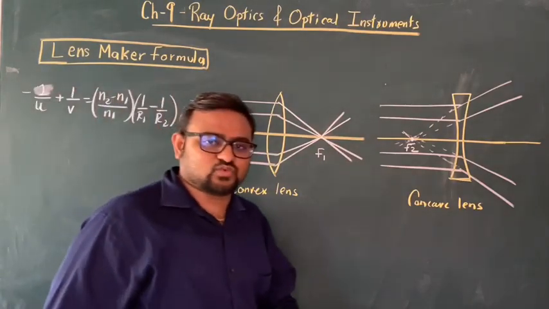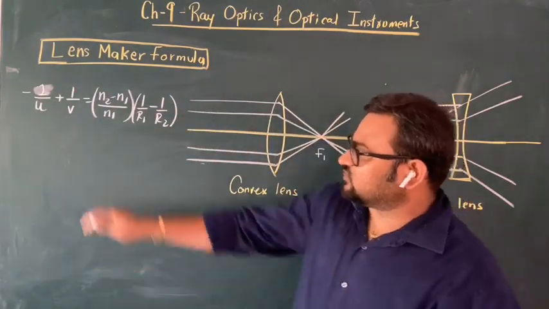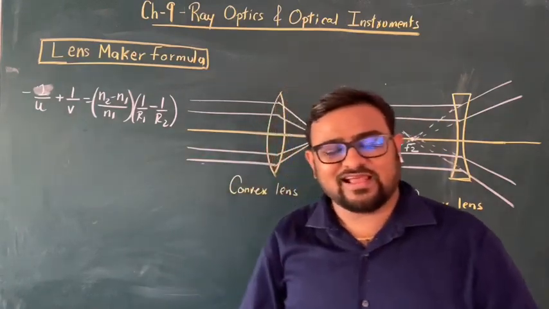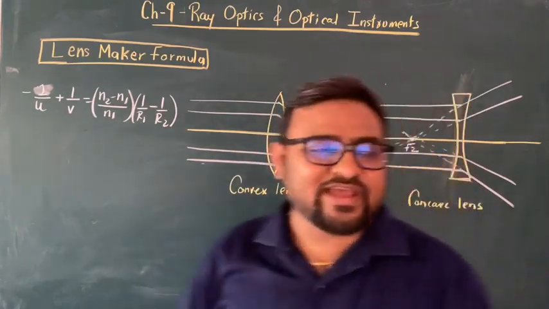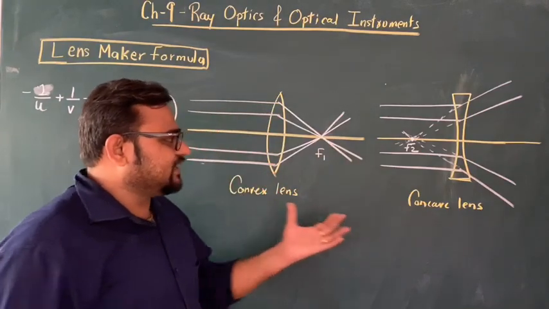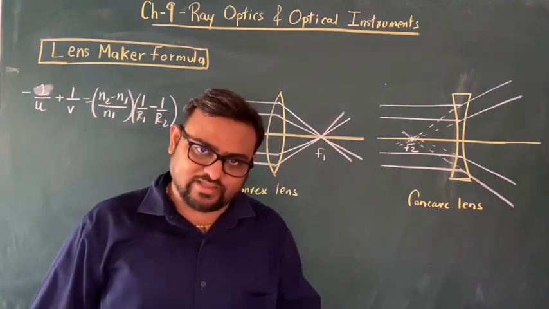This was the formula for a thin lens. Now here I have taken the example of a convex lens and a concave lens.